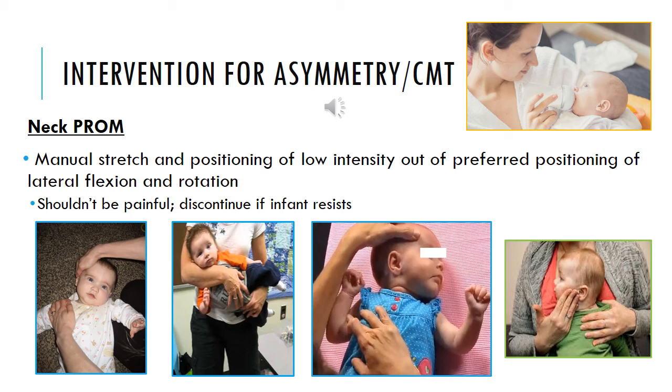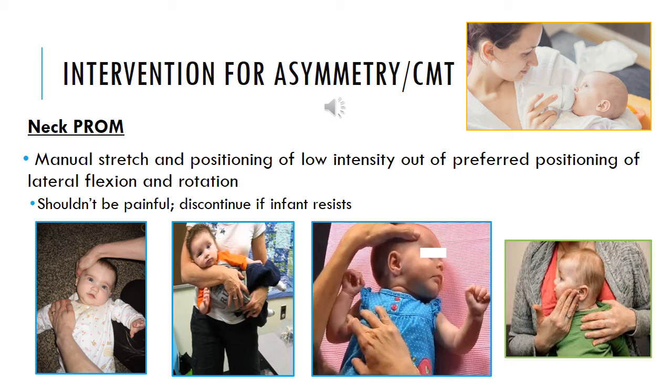This can be done through manual stretching or positioning out of the preferred pattern of lateral flexion with rotation. So a child who has a left torticollis will present with lateral flexion to the left and rotation to the right. So in that instance, you're looking to encourage rotation to the left and lateral flexion to the right, as that would be outside of their preferred pattern.